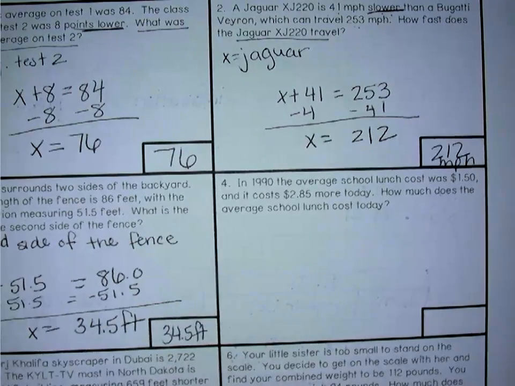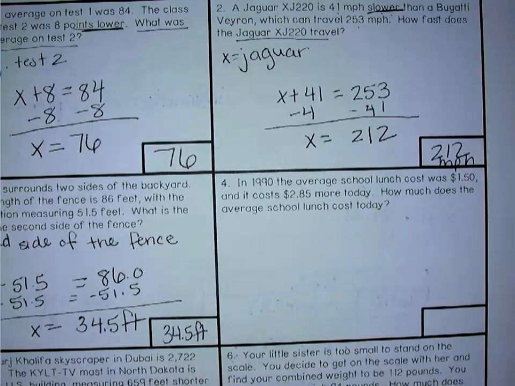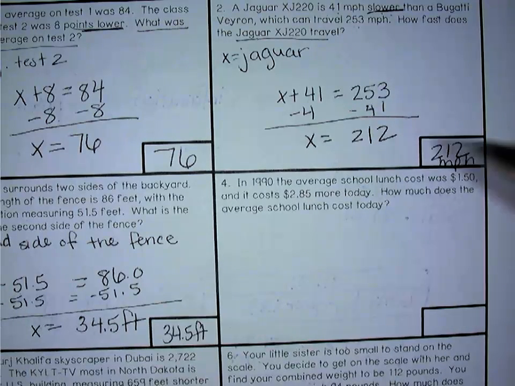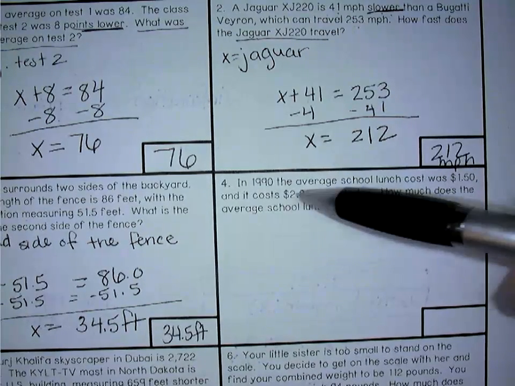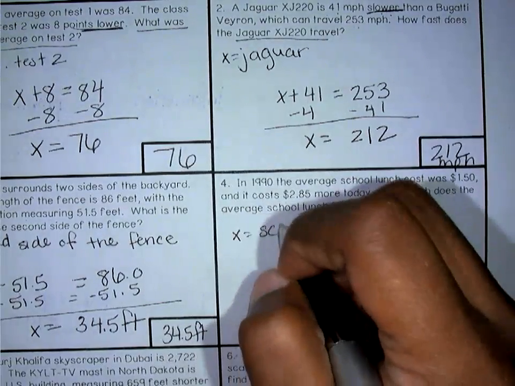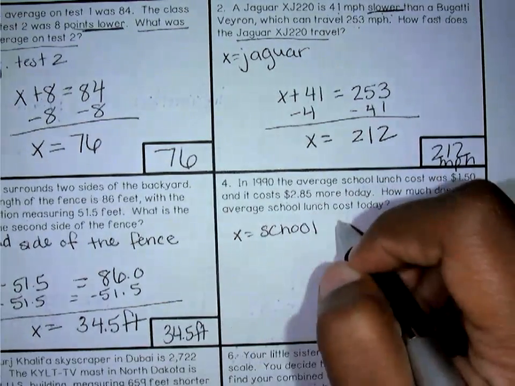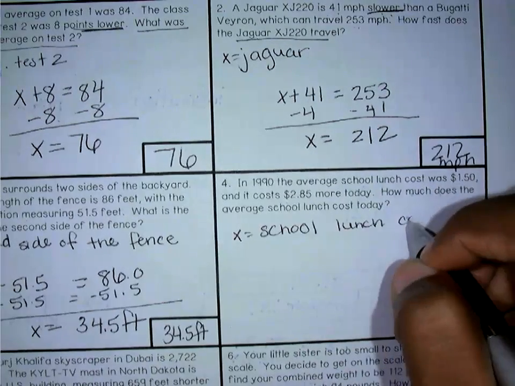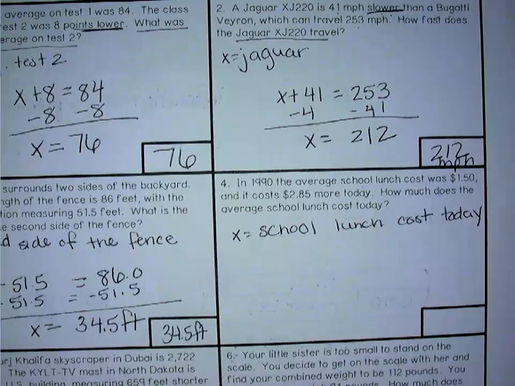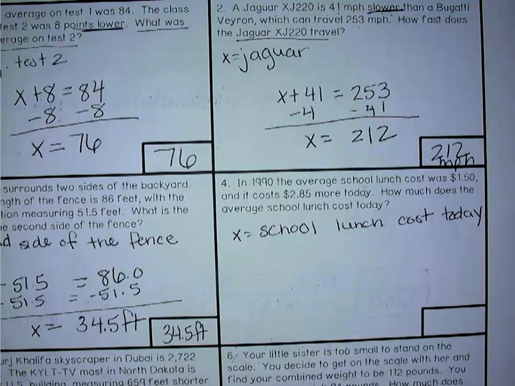In 1990, the average school lunch was $1.50, and it costs $2.85 more today. How much does the average school lunch cost today? So x means a school lunch cost for today, because that's what we don't know. All right, so we know that the average before then was $1.50, right?